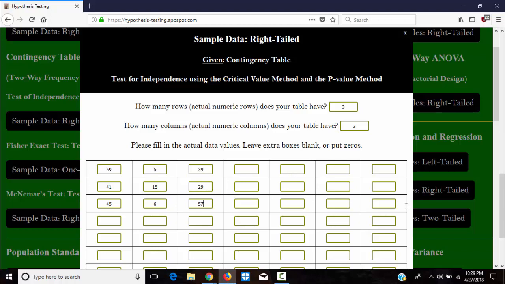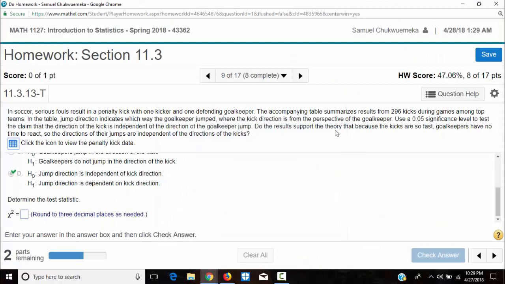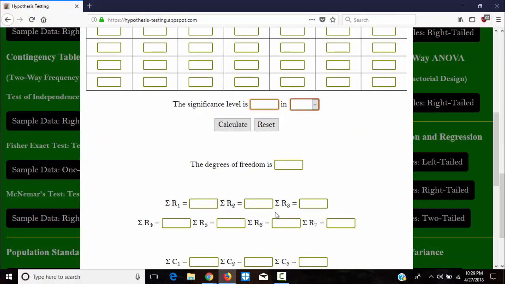Please leave all the rest blank. When you put it in, just leave all the rest blank. And this is a test at 5% significance level, 0.05. Please put the decimal.